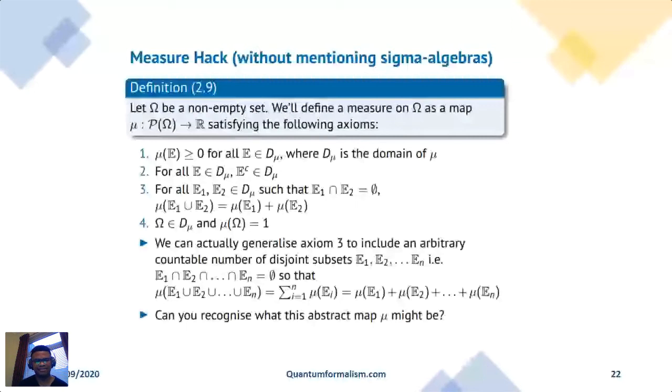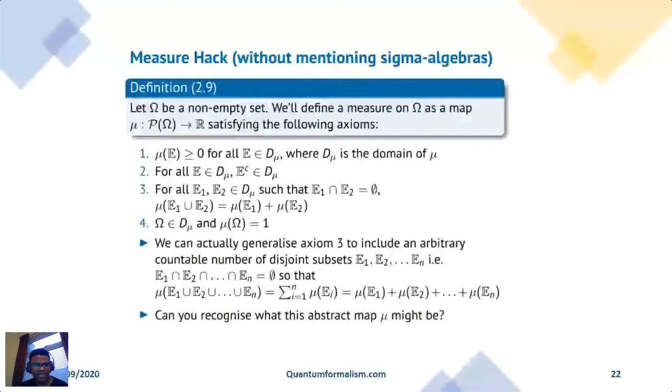It cannot take negative values. So it is either 0 or positive. And then the second axiom says that for every E in the domain of mu, the complement of E is also in the domain. So that's the second axiom.